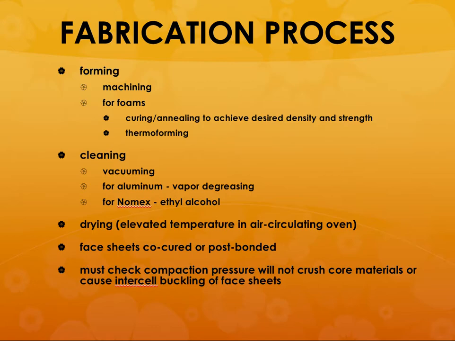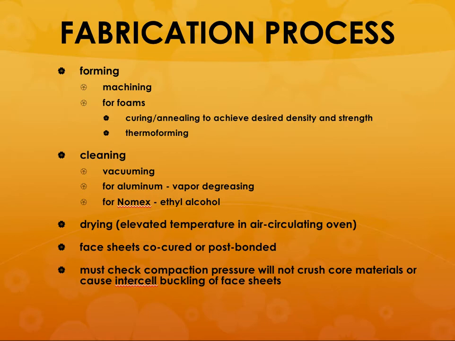And then once it is done, you have to clean it and you have to vacuum that. And if it is aluminum based material, then you cannot have any kind of adhesive, anything sticking to it, and it should be completely clean.